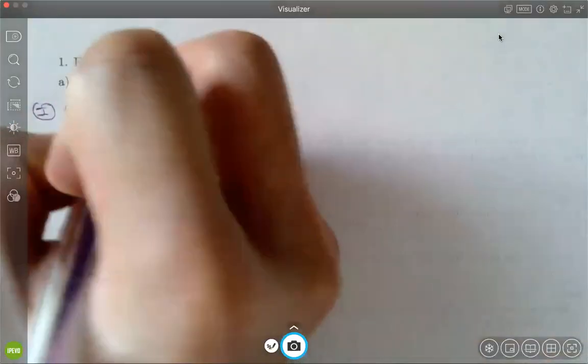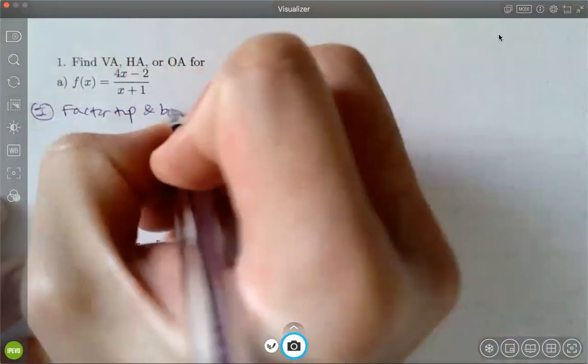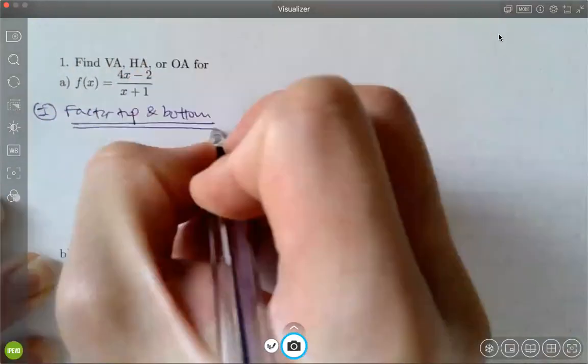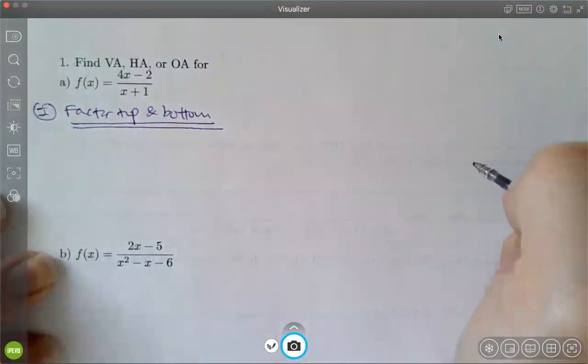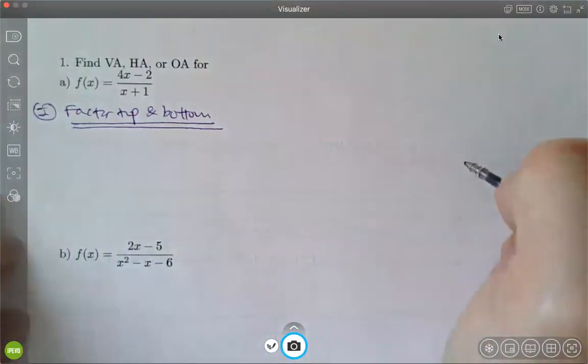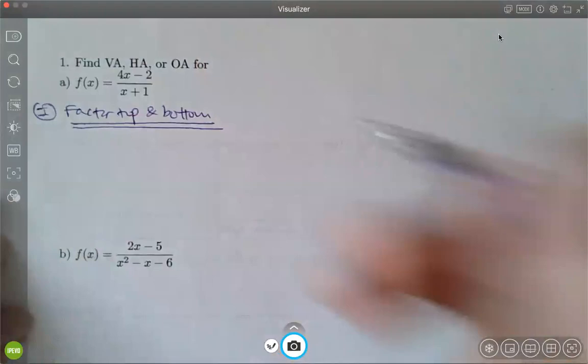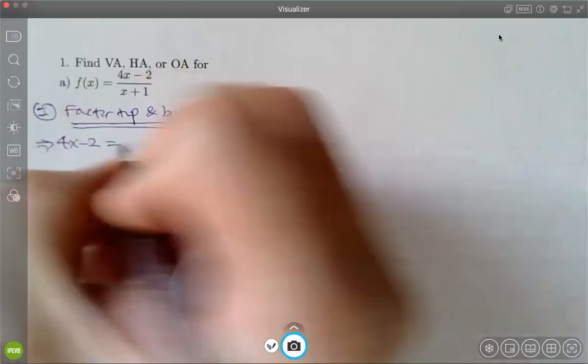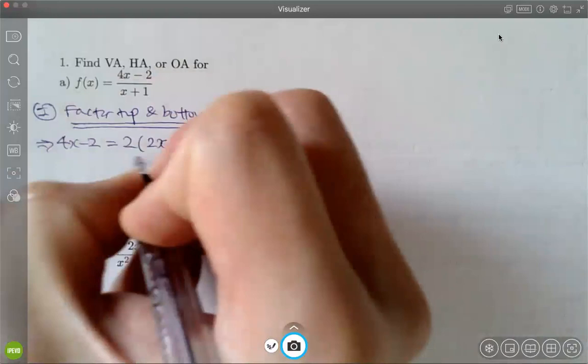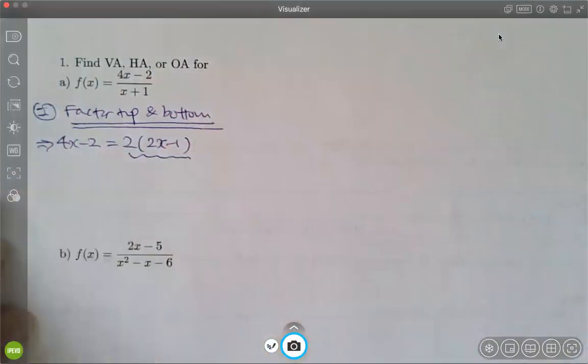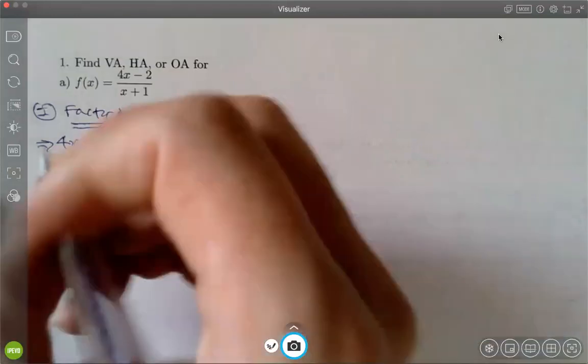Let's see if we can factor top and bottom. So 4x minus 2. That is possible to factor, right? Because you can take out 2, which is the GCF. Now the bottom, x plus 1. Can you factor that? No, because x plus 1 has the GCF 1.